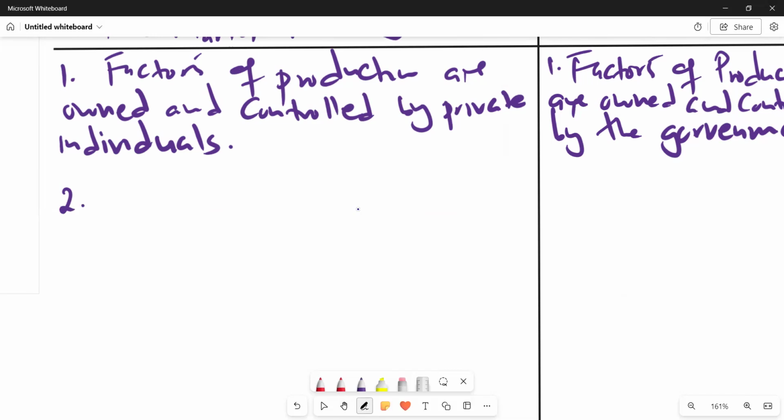So on the second part, we are saying there is freedom of choice under free market economy.